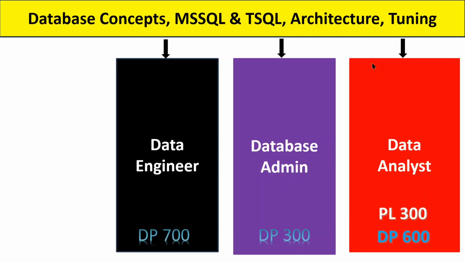Let's understand now what each of these job roles do to get some idea. A data engineer should know what an analyst usually does at high level, because at the end of the day, it's a single project. Same way, admin should know what engineers should do, because the same project at the end of the day.